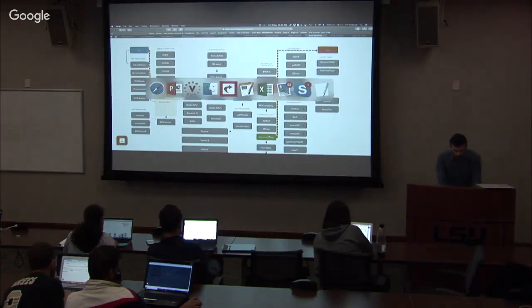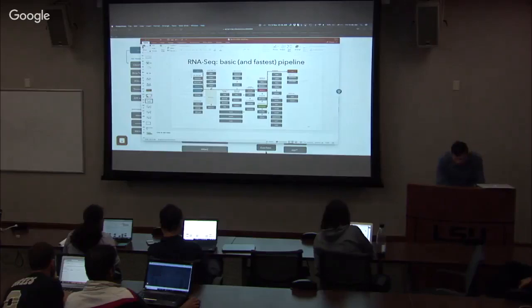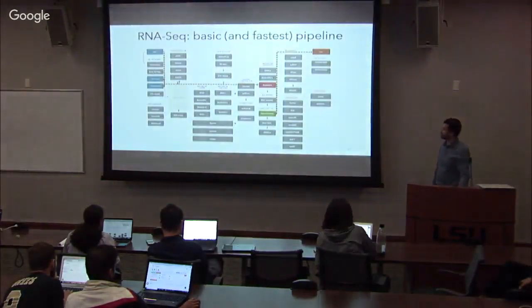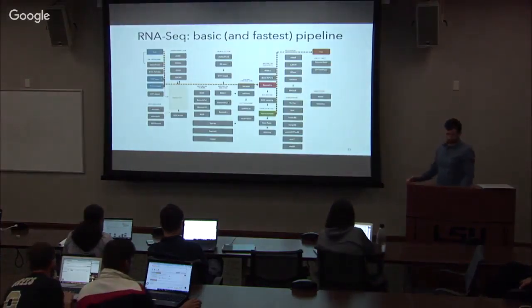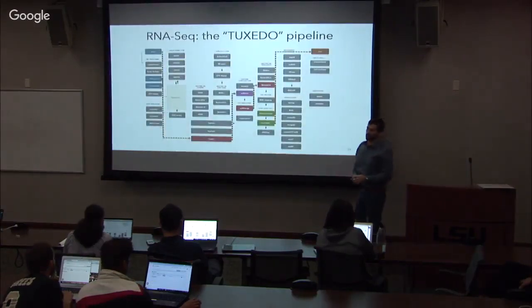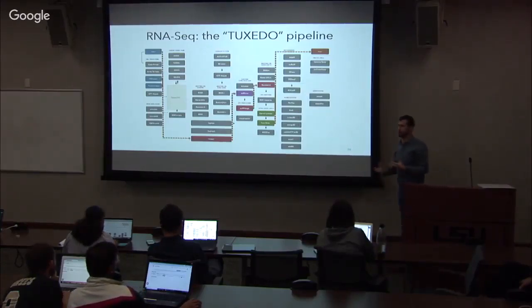All right, so let's talk a little bit about what some other options are. So we did this. This is going to be your very basic and the fastest pipeline. And here's what a standard Tuxedo pipeline looks like. It utilizes the same concepts, but in a different way.